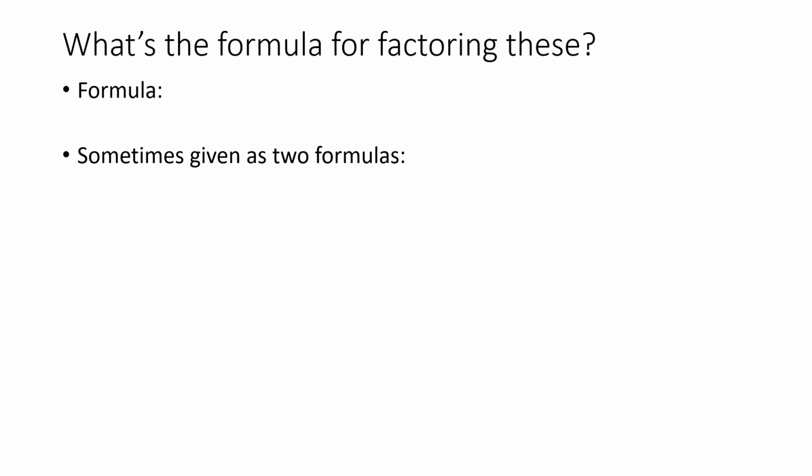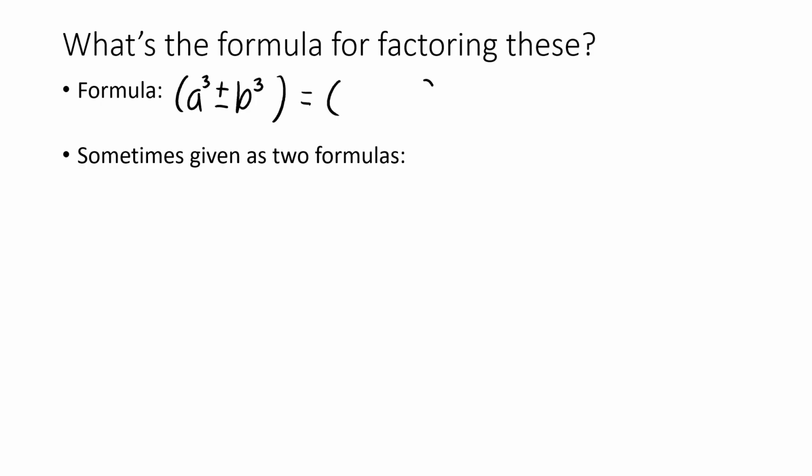Now, when I write the formula, I tend to write it as a single formula. And so I would have a cubed plus or minus b cubed. And so the sum of two cubes would be represented by the plus sign, and the difference of two cubes by the minus sign.